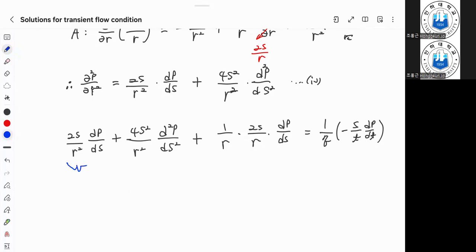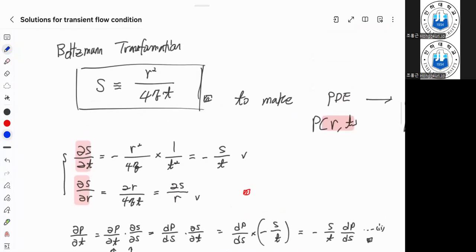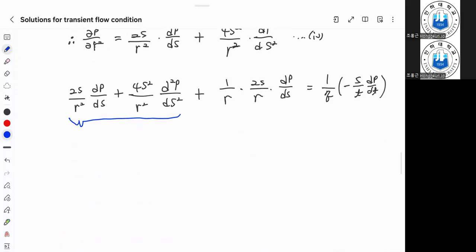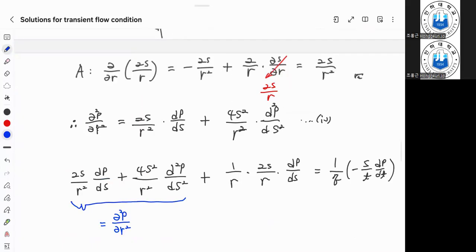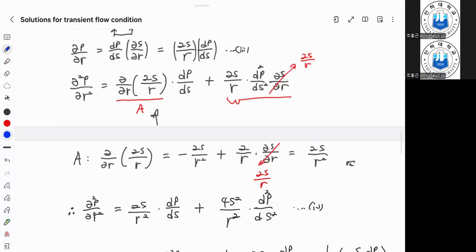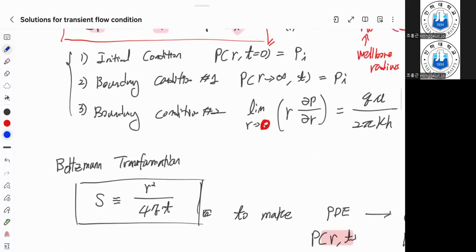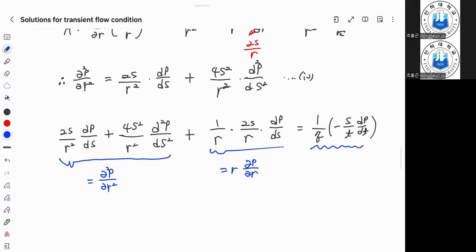As a reminder, this is equal to this, and this is equal to r partial P partial r, and then lastly, this part is equal to 1 over eta times partial P partial t.